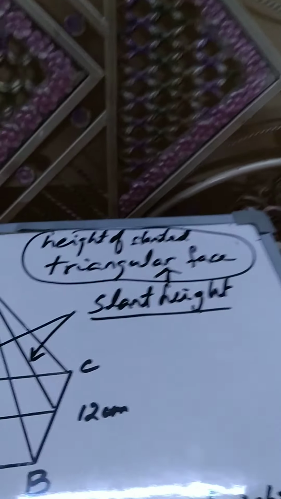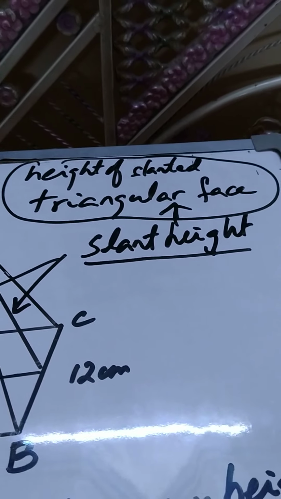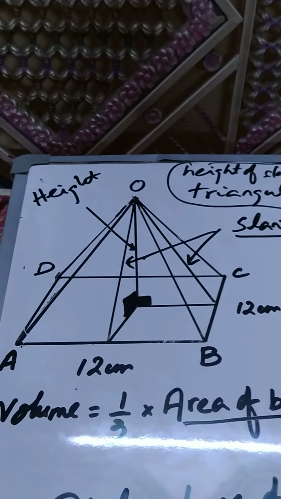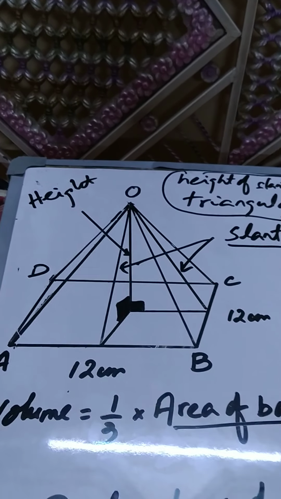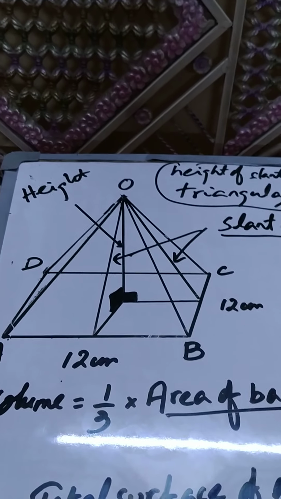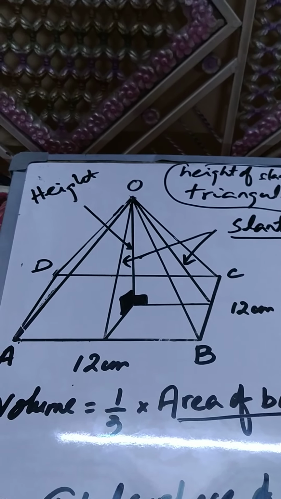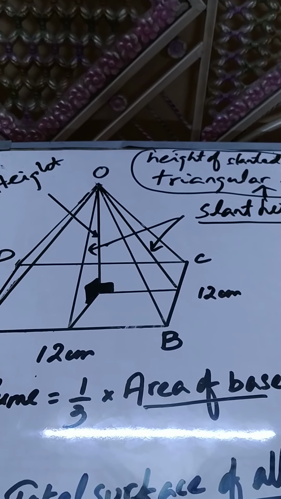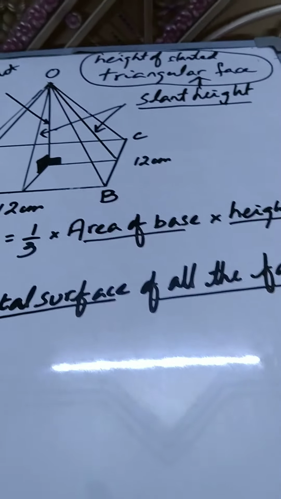Now I told you in my previous lessons, in my previous videos, that when we are calculating the volume of the pyramid, the volume of a pyramid is always dependent on two things: the area of the polygonal base and the height of the pyramid. So we know that in a pyramid there are two types of height. One is the height of the pyramid, which will be used to find the volume of the pyramid.